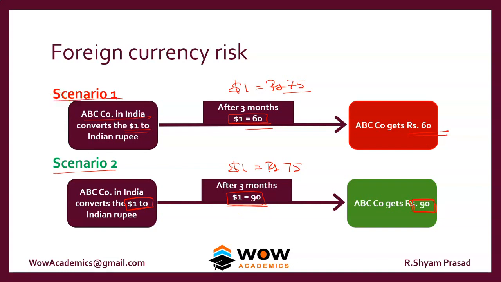Which scenario will work out, we'll never know in reality. And companies don't want to take this transaction risk. So what they do is they try to do something called hedging, a hedging mechanism. So this is about the foreign currency transaction risk.